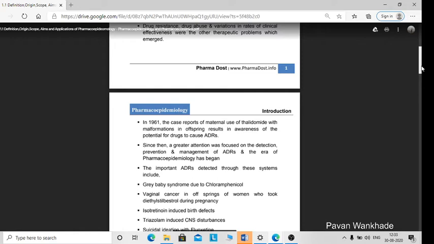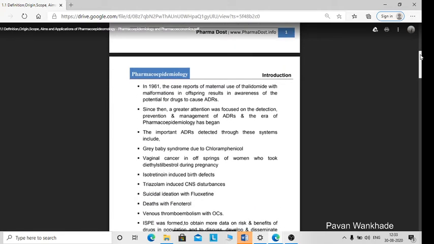pharmacoepidemiology has begun. The importance of adverse drug reaction detection through this system includes gray baby syndrome due to chloramphenicol. Chloramphenicol is an antibiotic; when given to babies, since the enzyme is not yet developed, it causes accumulation of chloramphenicol and results in gray baby syndrome.